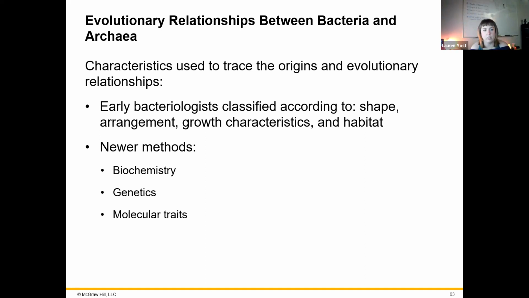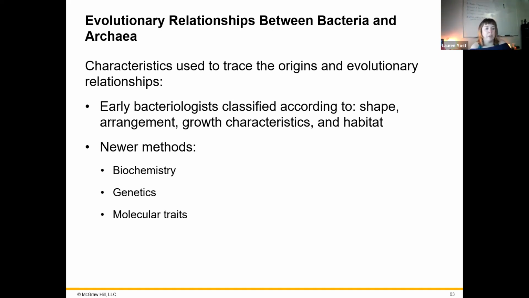Nowadays, this is the modern society, right? Before, it was mostly based on their shape, their arrangements, their growth characteristics, where they came from, their habitat, what it took to culture them, what they actually preferred, and the color of the colonies, and all of that sort of stuff.